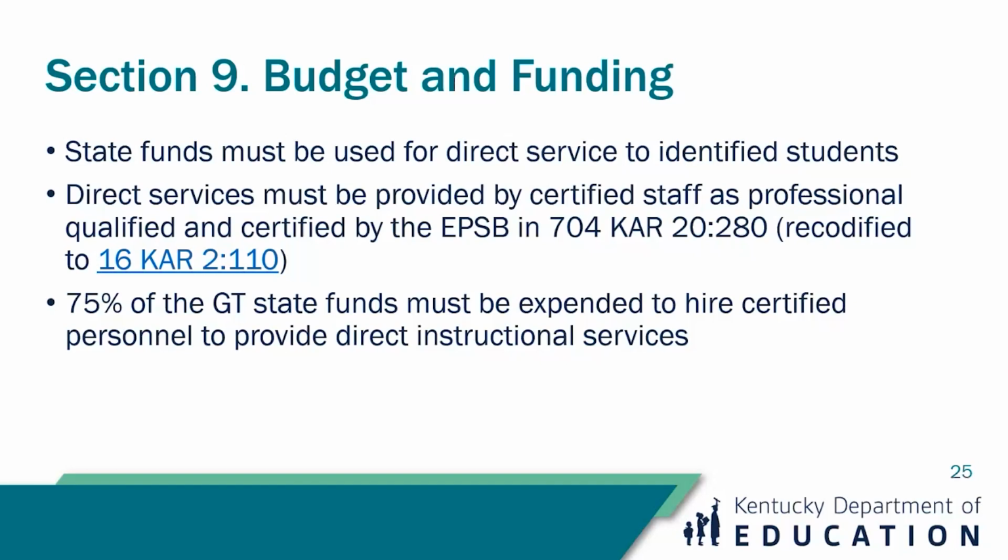Direct services must be provided by certified staff as professionally qualified and certified by the EPSB. And 704 KAR 20:280 has been recodified to 16 KAR 2:110. So that is the GT certification endorsement, if you want to look at that.